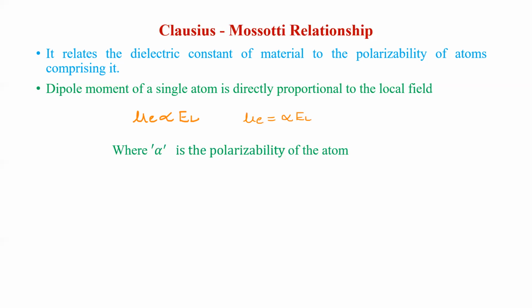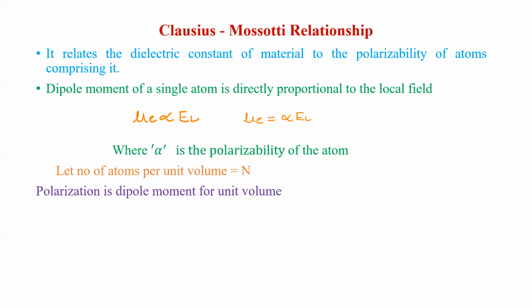It is the tendency of the charge distribution, like an electron cloud in an atom, to be distorted from its normal shape. So the distortion in the charge distribution before versus after applying the electric field represents the polarizability of the atom.